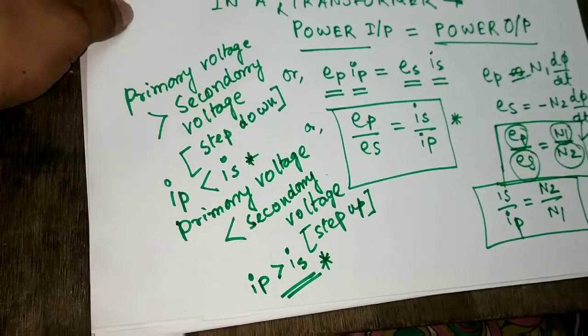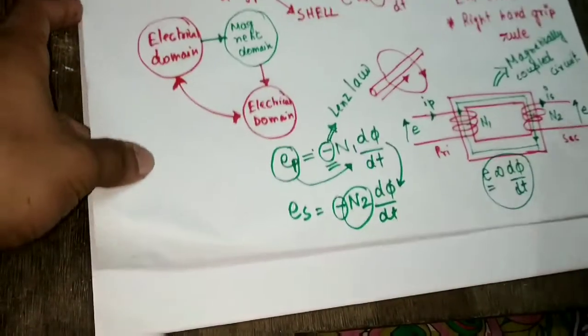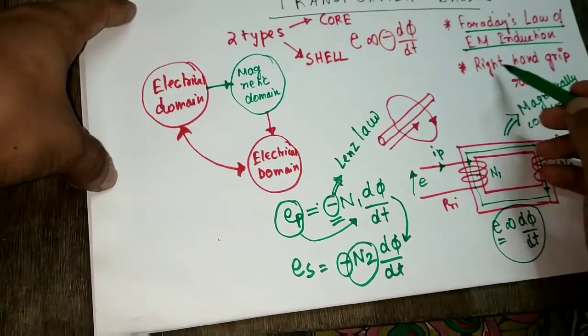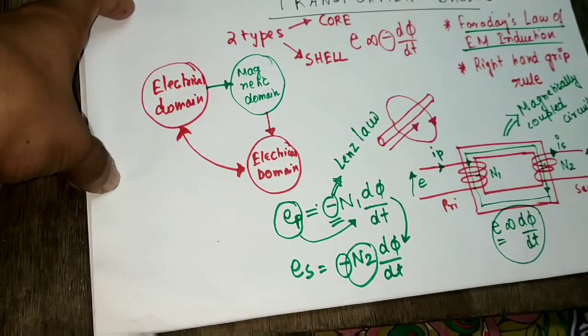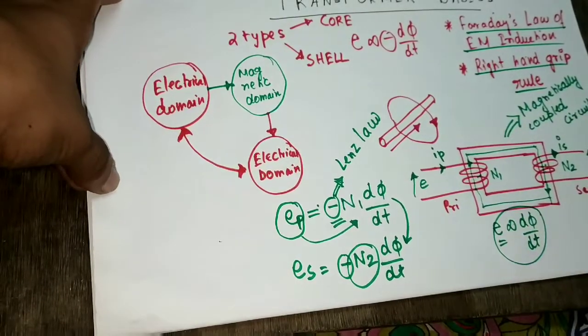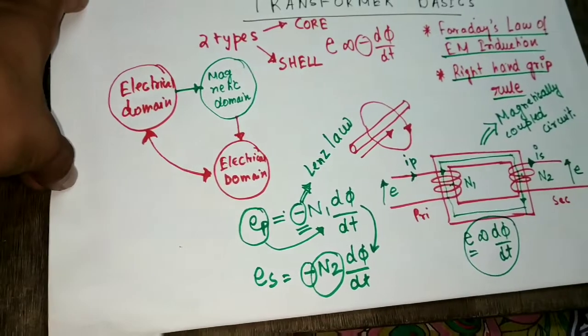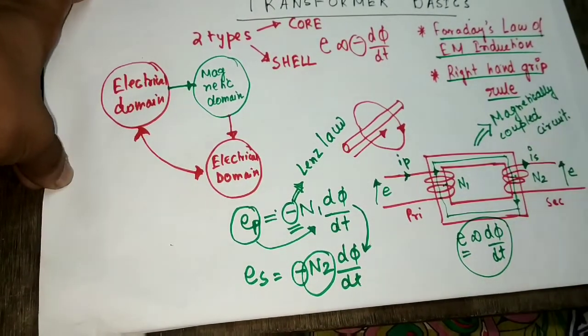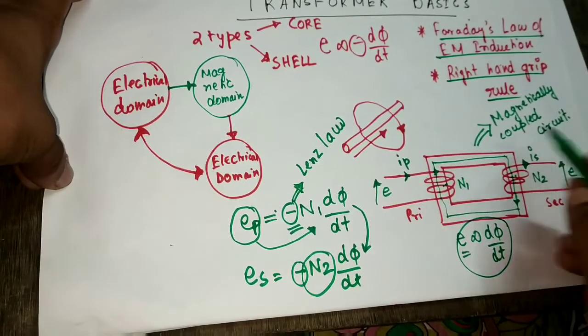So we have discussed the main theories involved in a transformer, which is Faraday's law of electromagnetic induction. These are the prerequisites before knowing the basic principles of the transformer: Faraday's law of electromagnetic induction, the right hand grip rule, and the magnetically coupled circuit.